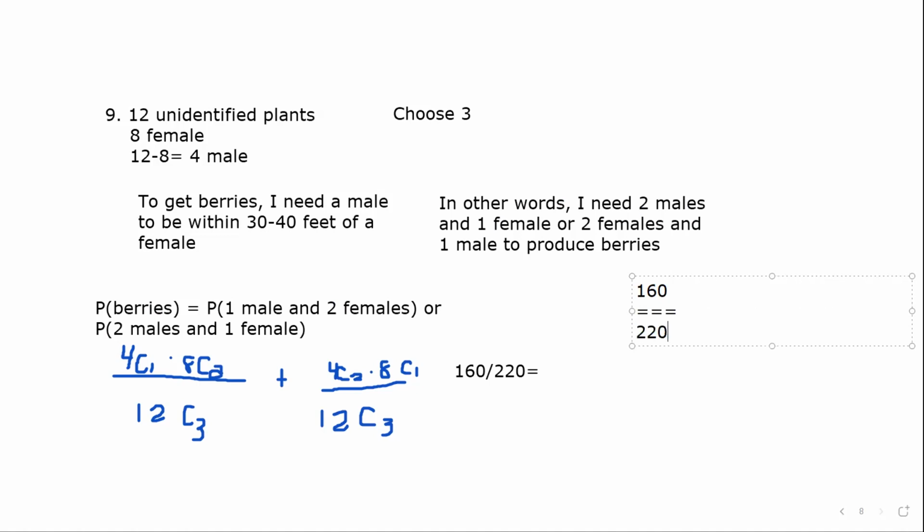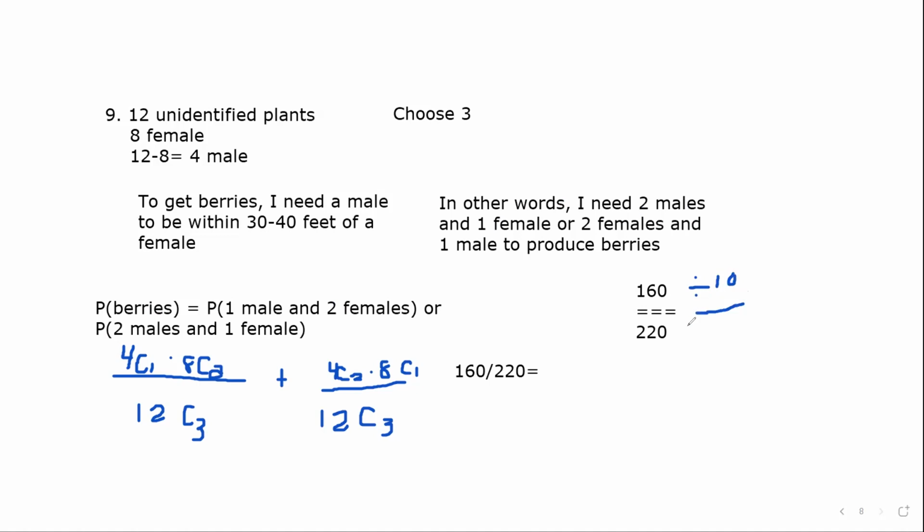You don't have to use 10, but what you're looking for when you're trying to reduce a fraction is a number that divides evenly into both. So if you take 160 and divide by 10, you lose the 0.